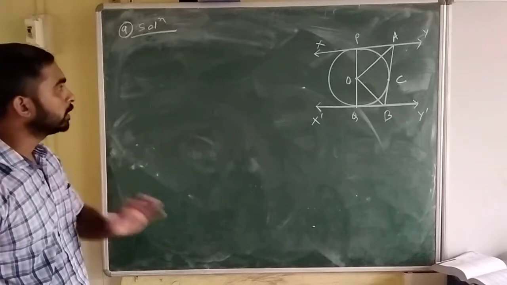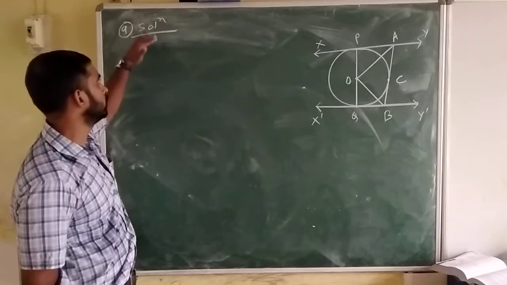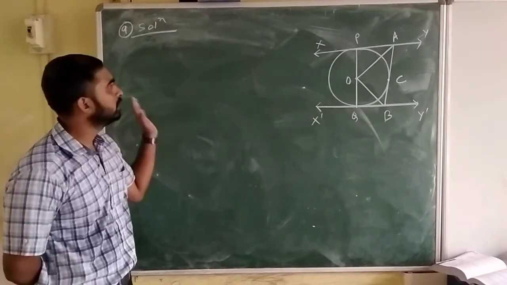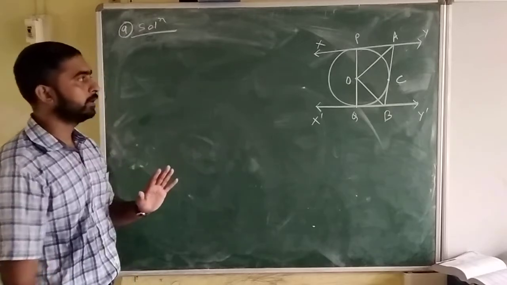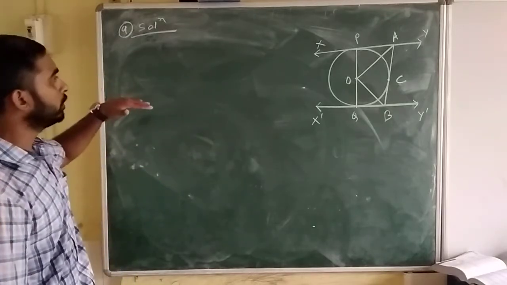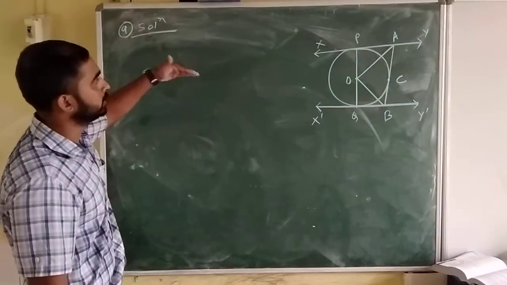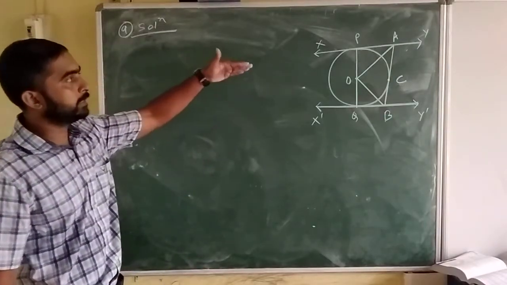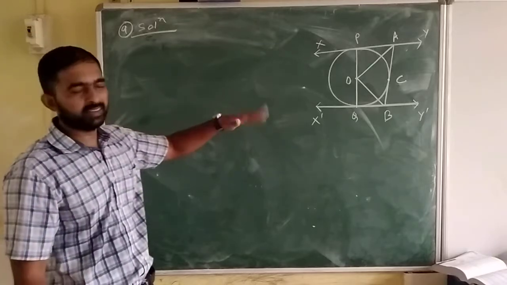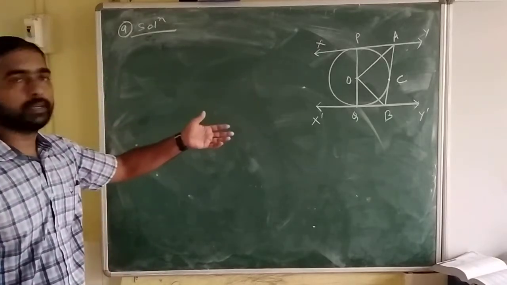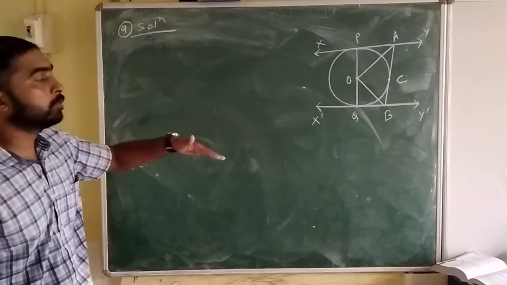In this question, whatever is given, you have to note it down. Suppose these are the lines, these are the tangents, these are equal: this is given. Then to prove this, I start from the construction.